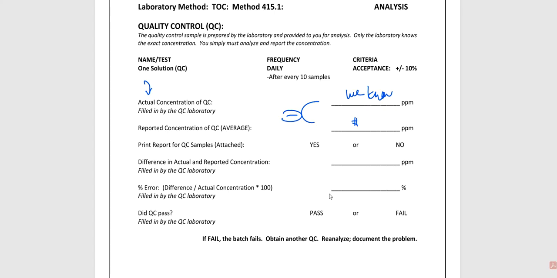Just as before, calculate the percent error. So take the difference between those two values, divide by the actual concentration, which is what we know, this is what it should have been, times 100. And hopefully that is plus or minus 10% for an error, or lower. We don't want it higher than 10%.